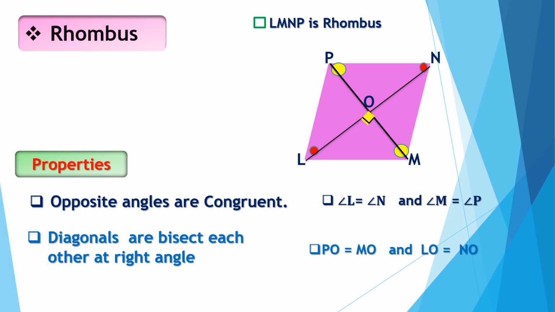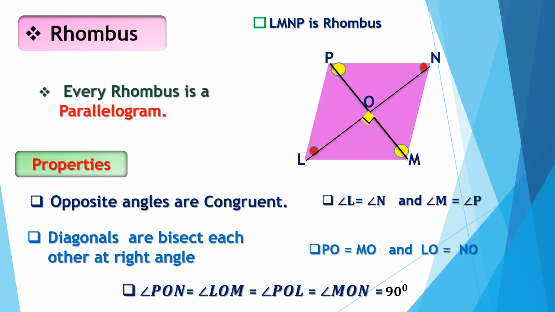We see PO is equal to OM and LO is equal to ON, and angle PON is a right angle. That means it has a measure of 90 degrees. Why? Because diagonals bisect each other at right angles.